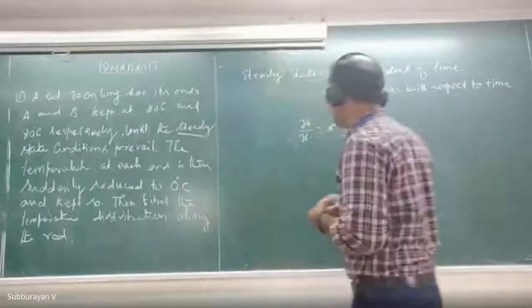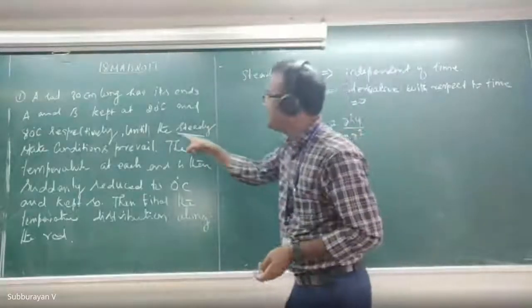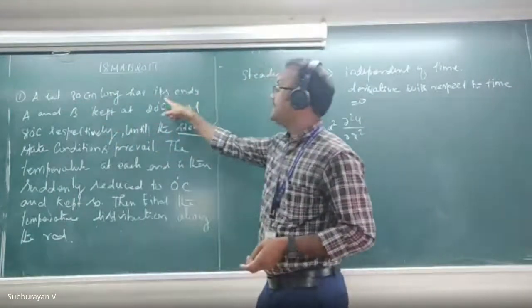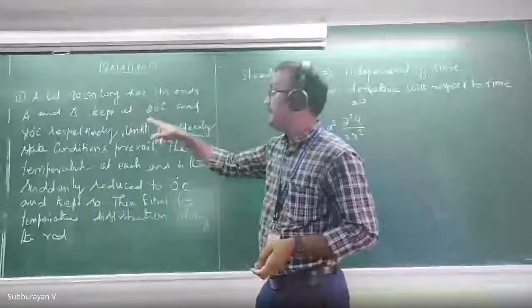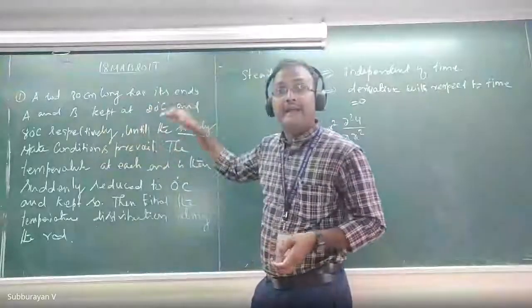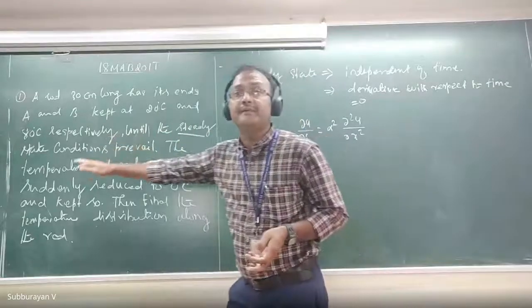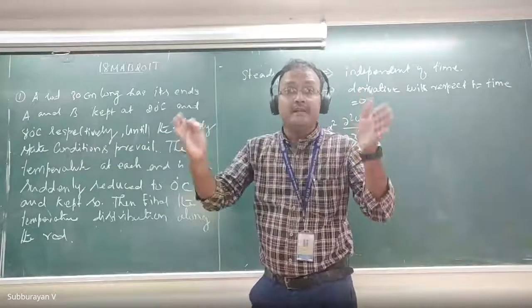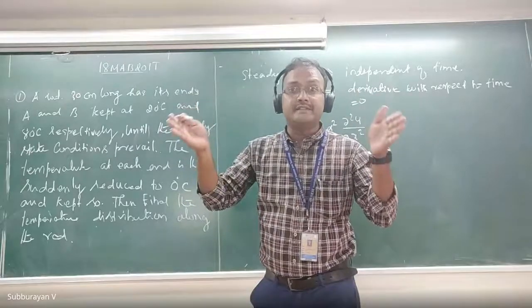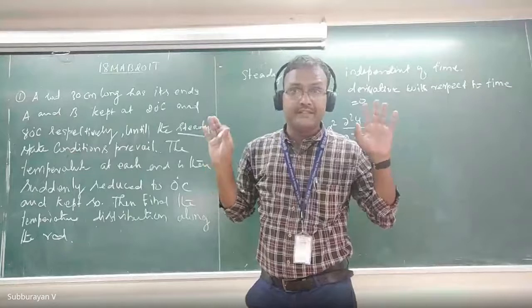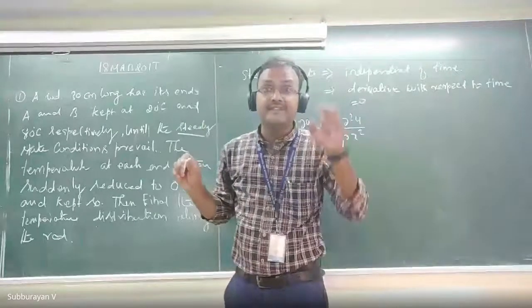That's what they mention here: a rod 30 centimeter long has its ends A and B kept at 20 degrees Celsius and 80 degrees Celsius respectively until the steady state conditions prevail. That means until we disturb the conditions at both ends, it has a steady state temperature distribution. That means it is independent of time.